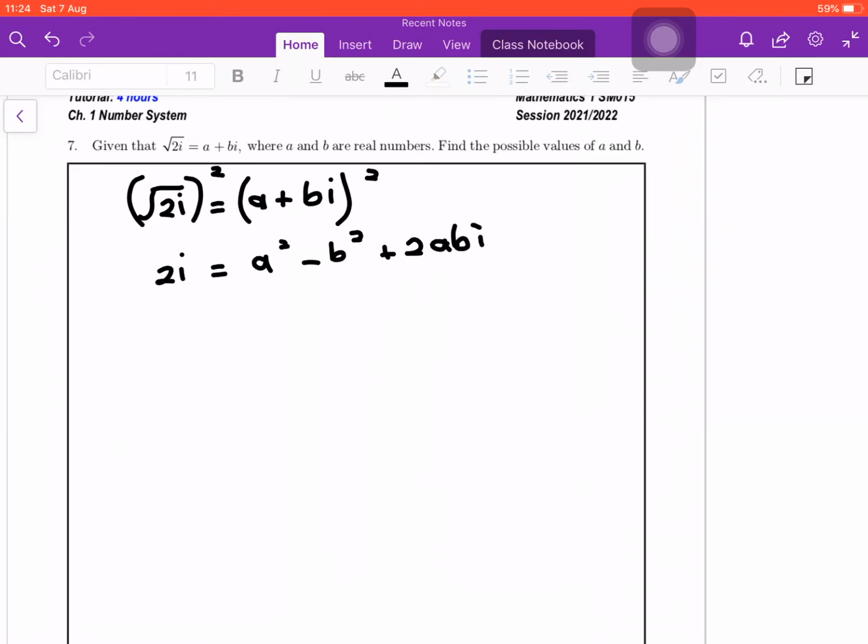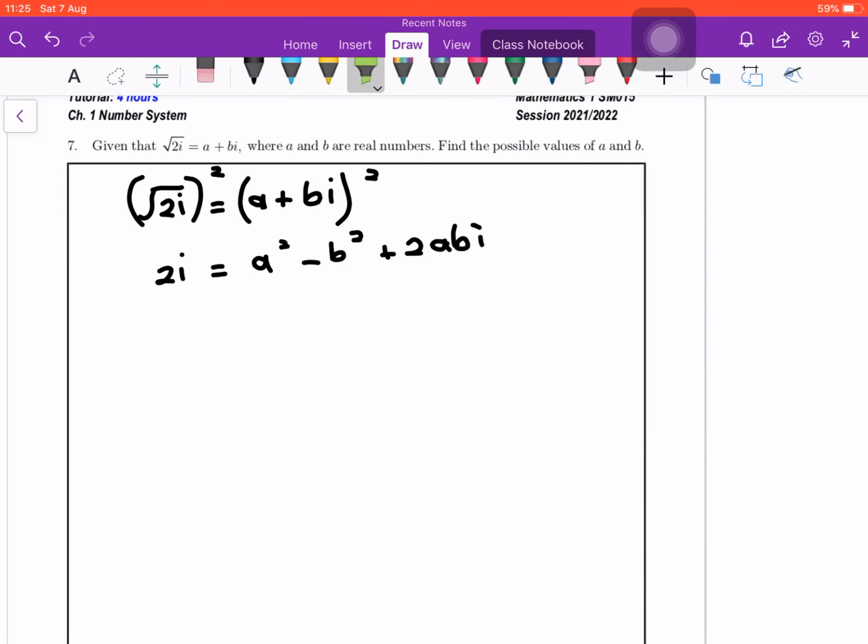So, sekarang kita nak compare bahagian real parts dengan real parts. Ini imaginary parts 2i. So, saya comparekan dengan 2abi lah. Okay, so bahagian real parts ialah a square minus b square, which is tak ada, so dia compare dengan kosong sahajalah. So, kat depan ni saya boleh tambah kat sini. Macam tu.